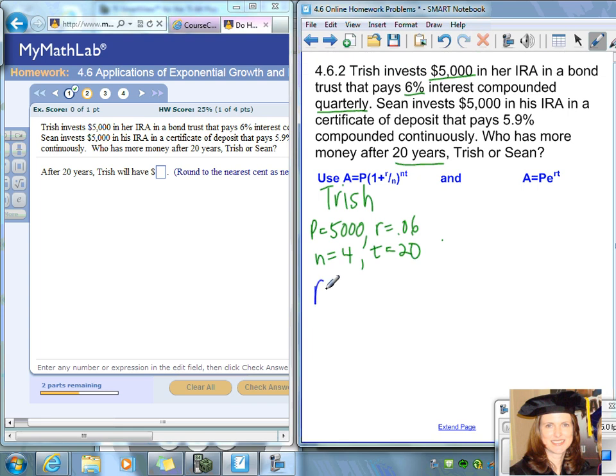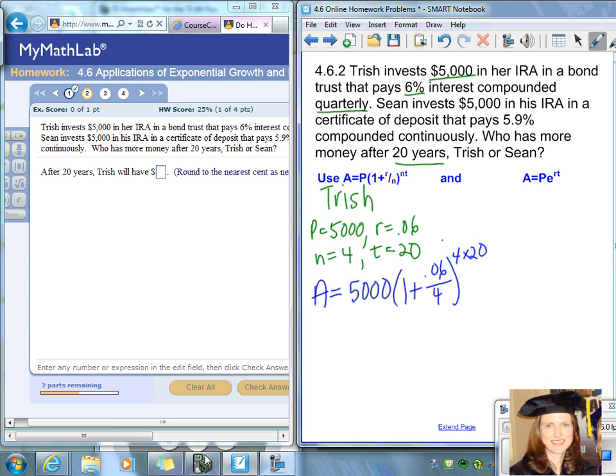So let's plug that into the formula. A equals P, that's 5,000, times 1 plus R, 0.06 divided by 4, all of it to the 4 times 20 power, N times T power.